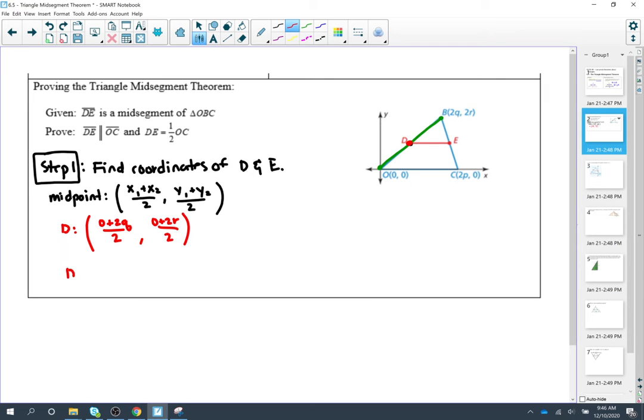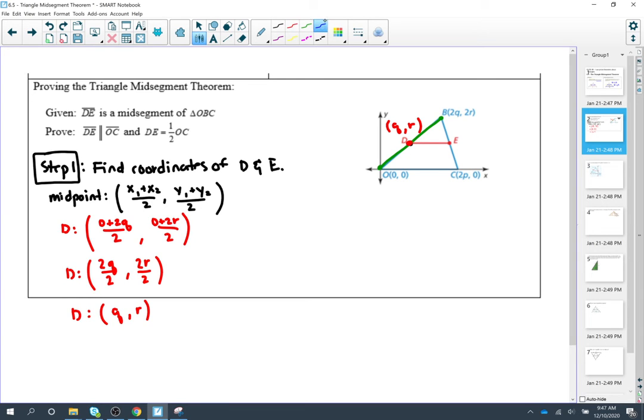Now, that's going to give me 2q over 2 and 2r over 2, which is ultimately going to give me q, r. So I know the coordinates of D are (q, r). So we went over q and we went up r.